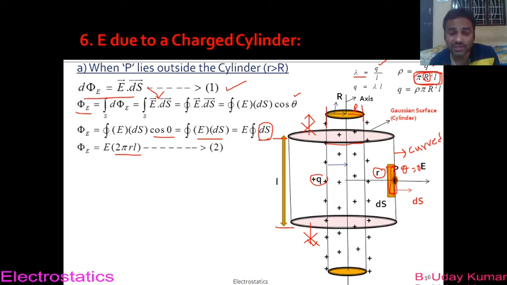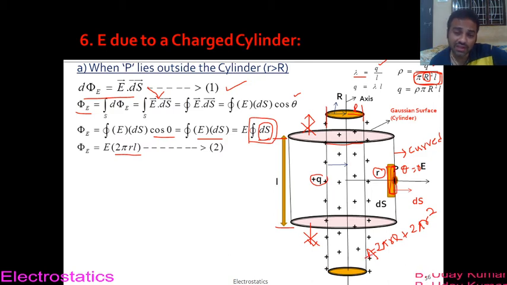The formula of total surface area for this Gaussian cylinder is 2πrL plus the upper and lower surface areas, both are circles, so you get 2πr². This is the total surface area.